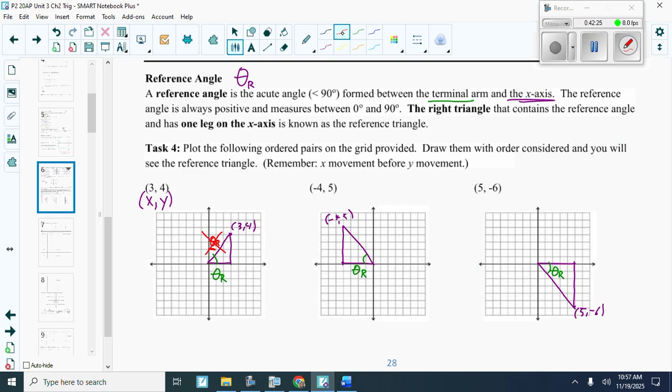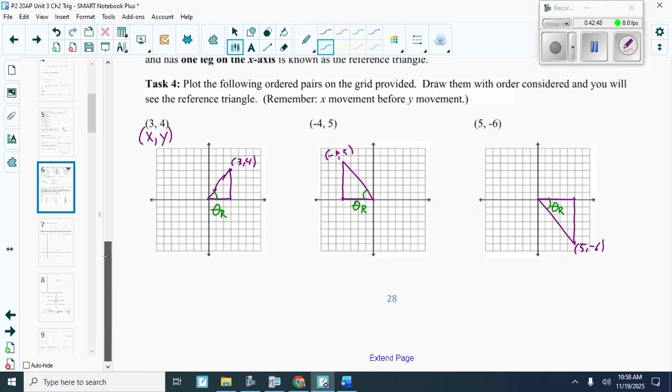Never, ever, ever touching the y-axis. It's always touching the x-axis. It doesn't matter what quadrant you're in, it's always going to be between the terminal arm and the x-axis. So you're not going to do that, ever. That's what a reference angle is.